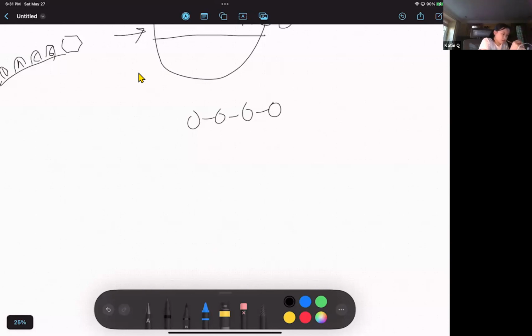Within point mutations, there are 3 types called silent, missense, and nonsense. So silent, you can kind of guess what they are.